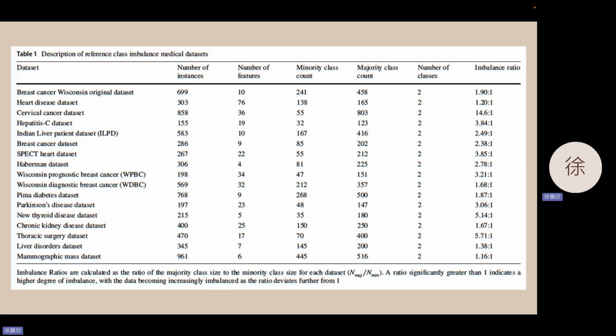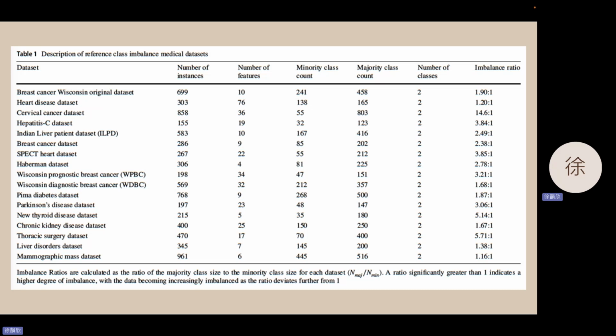For each data set, the table tells you the total number of instances, the number of features, the number of data points in the minority class, like sick people, and the number of data points in the majority class, like healthy people, the total number of classes, and most importantly, the imbalance ratio.